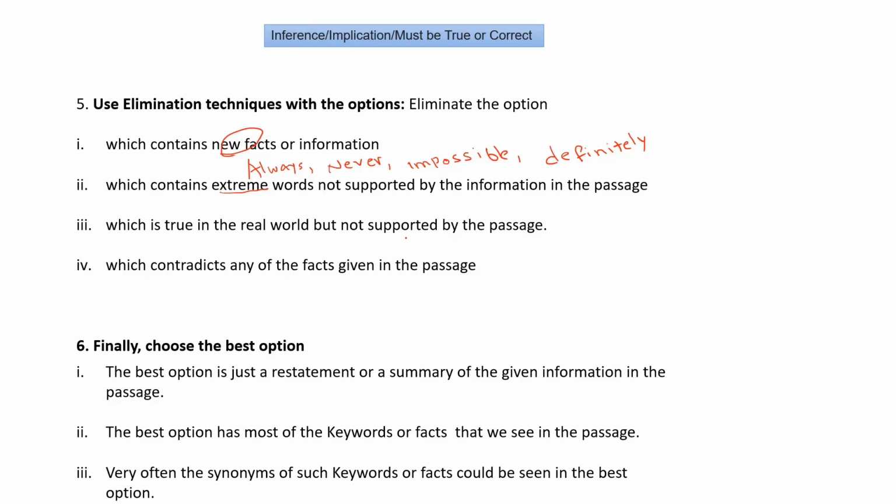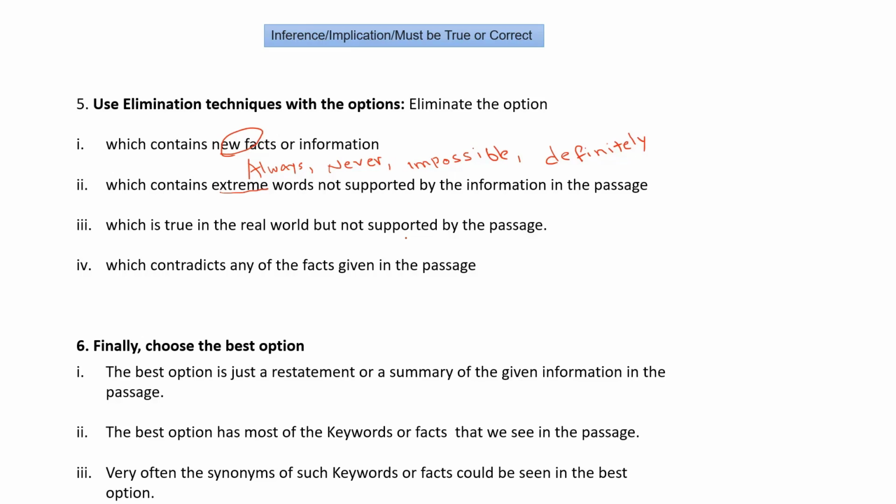So don't use common sense when making an inference. And finally, if an option contradicts the given information in the passage, so you have some facts in the passage, there could be an option which goes against that, right? It's common. I will show you questions which contradict the information. Such options must be outright eliminated.